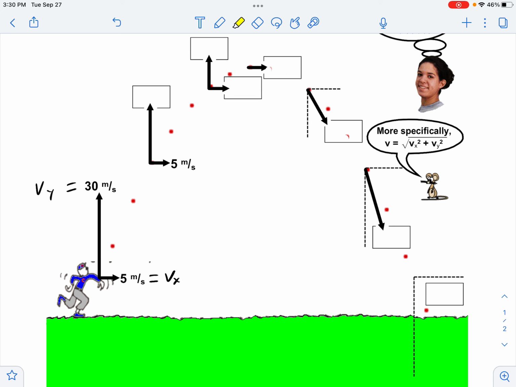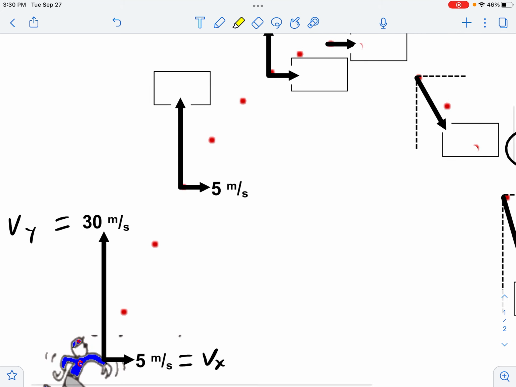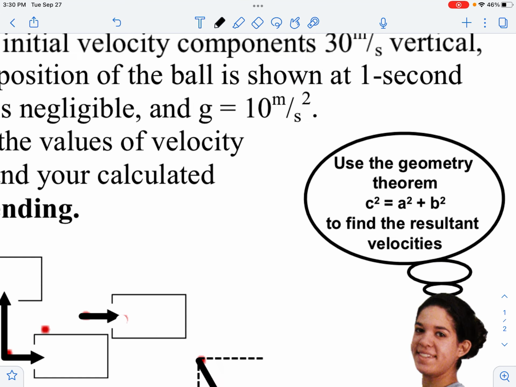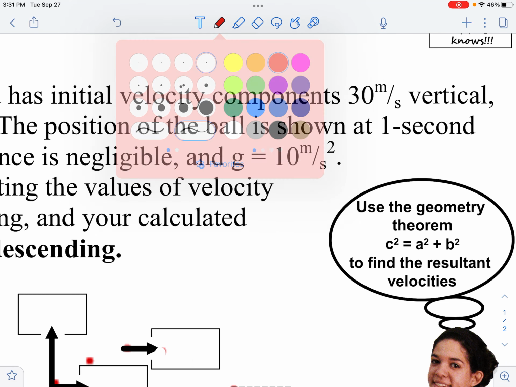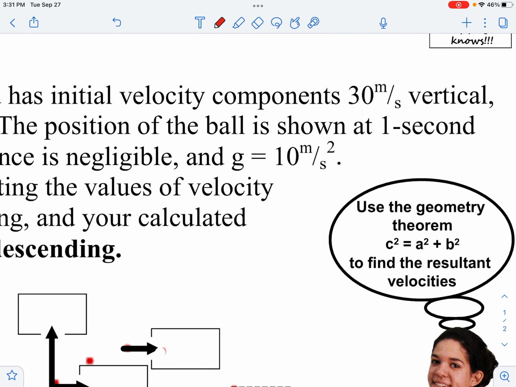If we look at 1 second in, we see that that little sideways piece is still 5 meters per second. So this is Vx. This maintains 5 meters per second the entire time because once it's in the air, the only thing that affects its motion is gravity, and gravity points down, which is not sideways at all. Over here, where it says gravity is 10 meters per second squared, to be more accurate I'm going to include a direction with this.